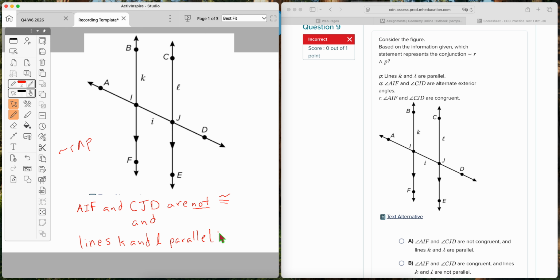Alright, so then let's look at the image. Angle AIF and angle CJD.